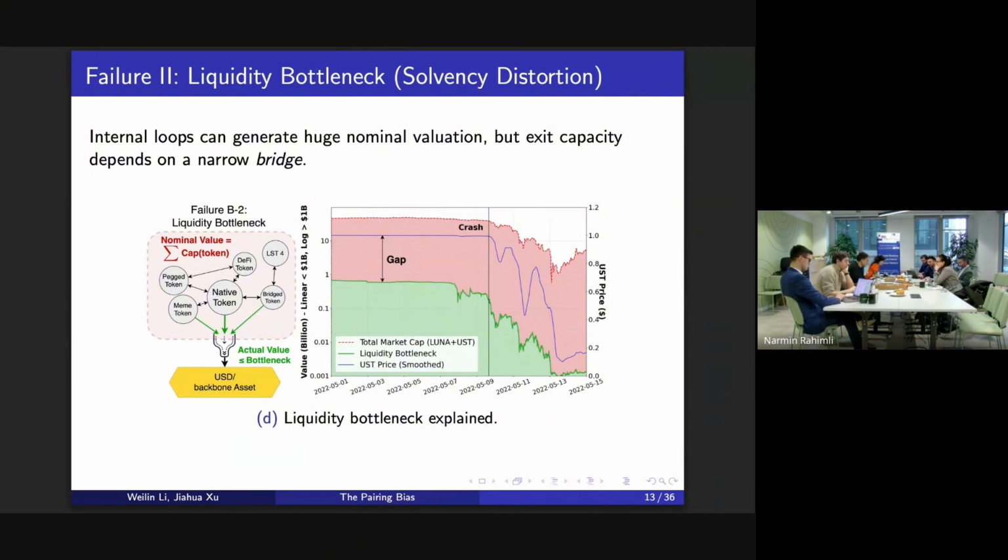Here we have the example of the Luna crisis. The green line means the exit capacity, and the red line means the nominal value. I use a log scale for the y-axis, so that's like 1 versus 10. So only 10% of the money can be exited during a crisis, and that's where this liquidity bottleneck also limits users from exiting from a graph-based market.